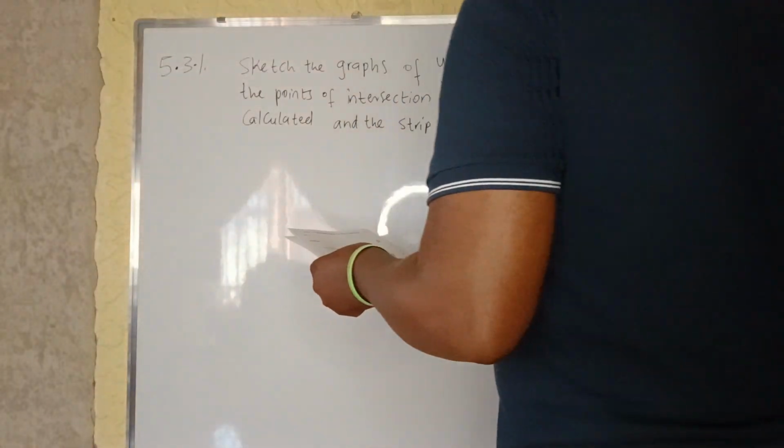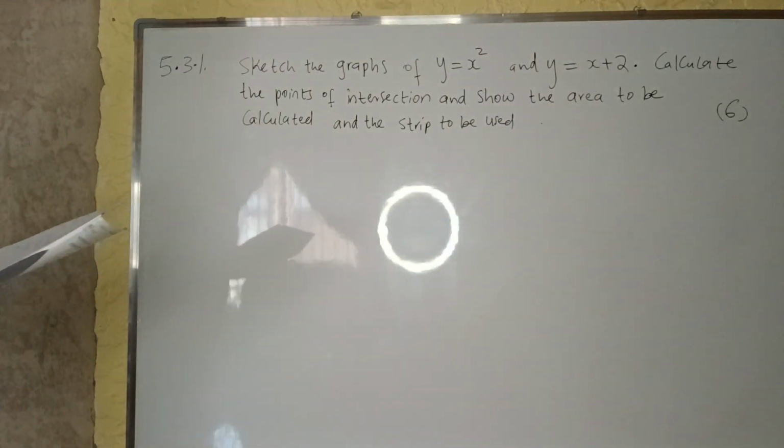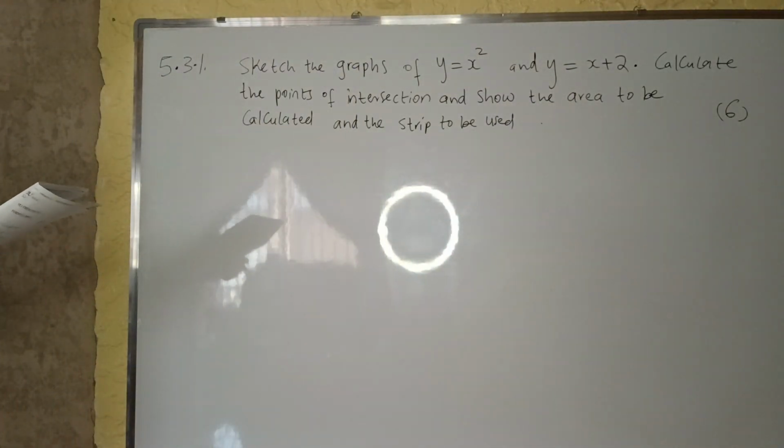So in that case, allocation is 6 marks. So it shouldn't be a problem as such.